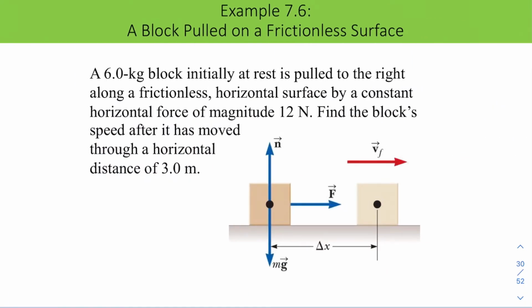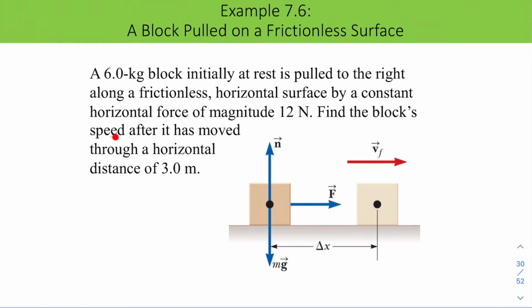Example 7.6. A block pulled on a frictionless surface. A 6 kilogram block initially at rest is pulled to the right along a frictionless horizontal surface by a constant horizontal force of magnitude 12 Newton.